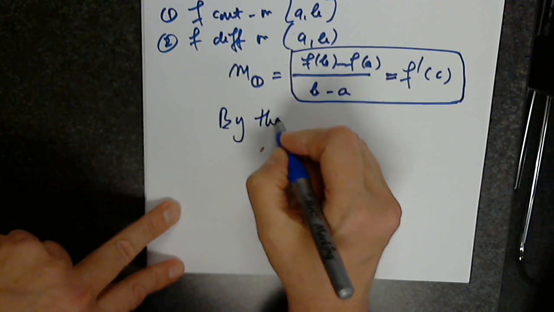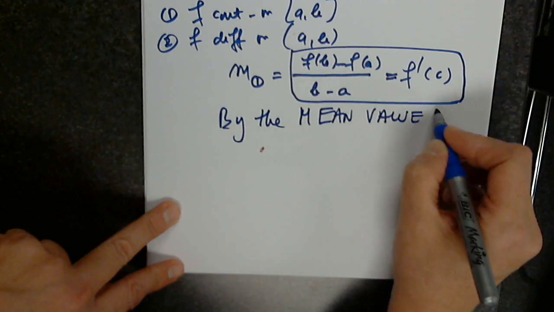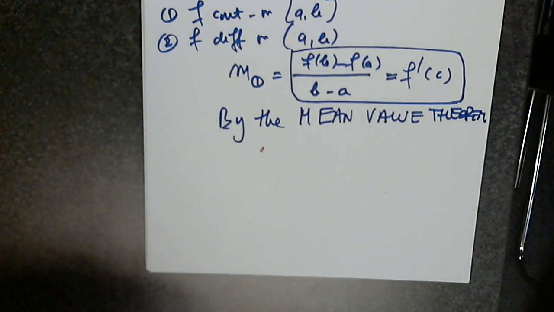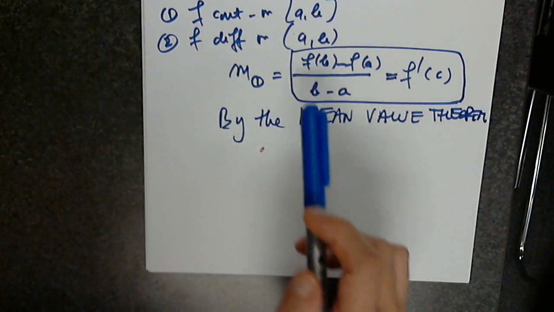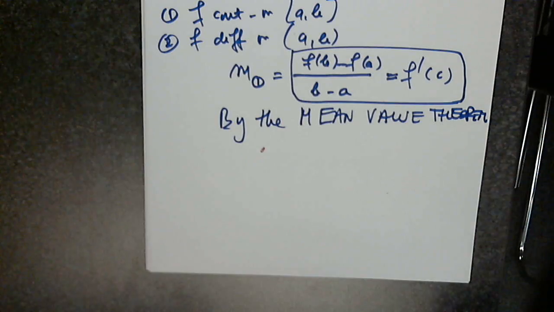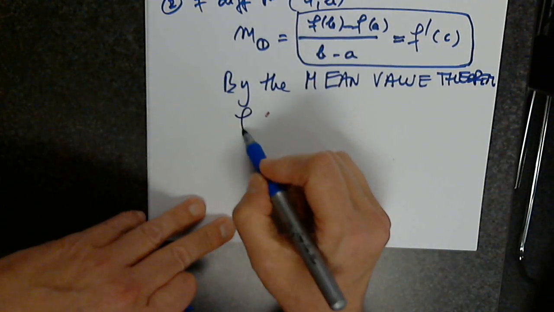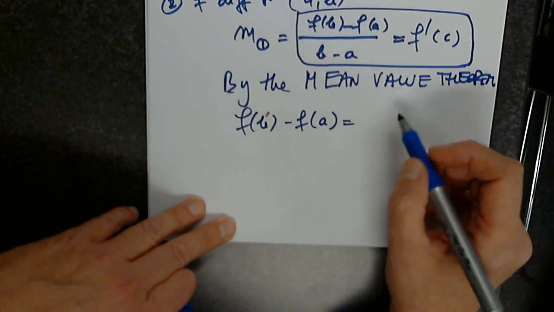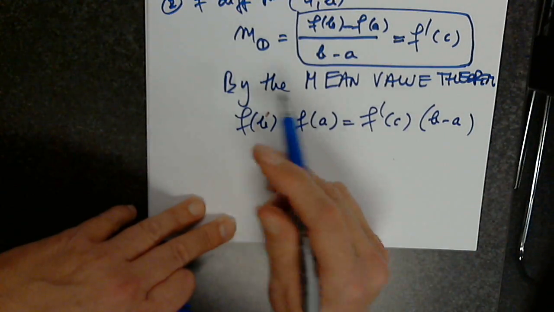By the mean value theorem, if a function is continuous and differentiable, we will always be able to write this. Of course, there is another way of writing it: f of b minus f of a equals, I cross multiply, f prime of c times b minus a.